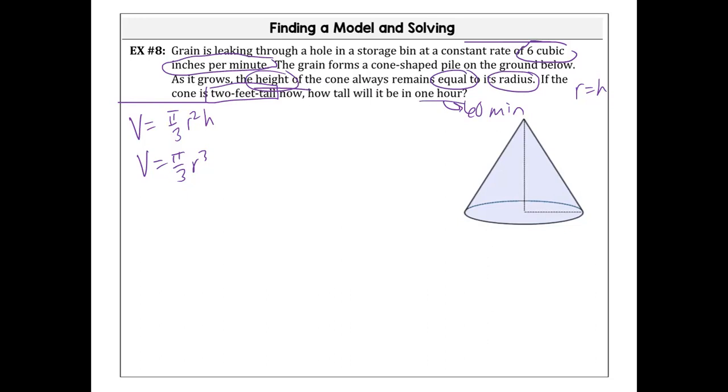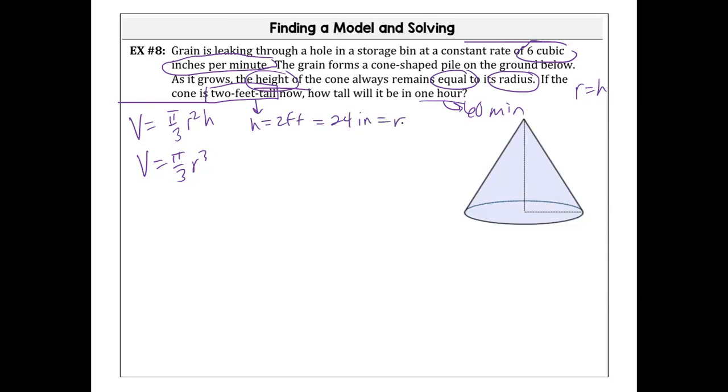We're calculating 1 hour. So it's 2 feet tall, which means that how many inches is that? It's 24 inches, right? So right now it's currently 24 inches. Because it's 24 inches, I can tell you what the current volume is. Does that make sense? So right here, we know that h equals 2 feet, which equals 24 inches.